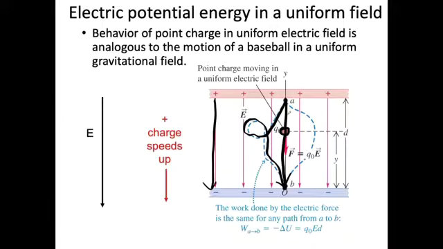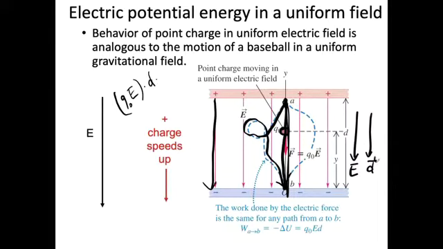The force is a constant, which is Q0 times E, that's the force, times the magnitude of the displacement, which is d, times the cosine of the angle between the electric field and the displacement, and you can see that they are in the same direction, so the angle between them is 0.